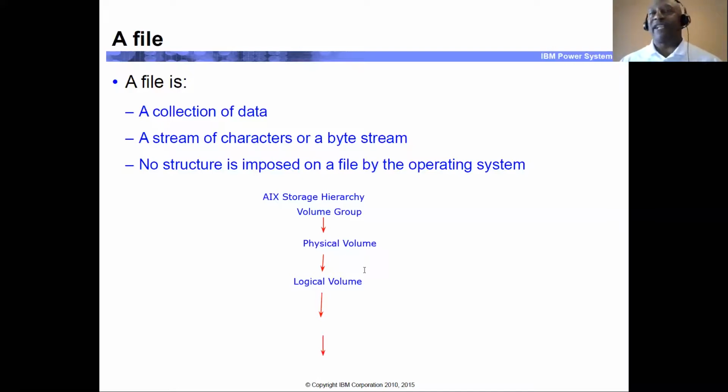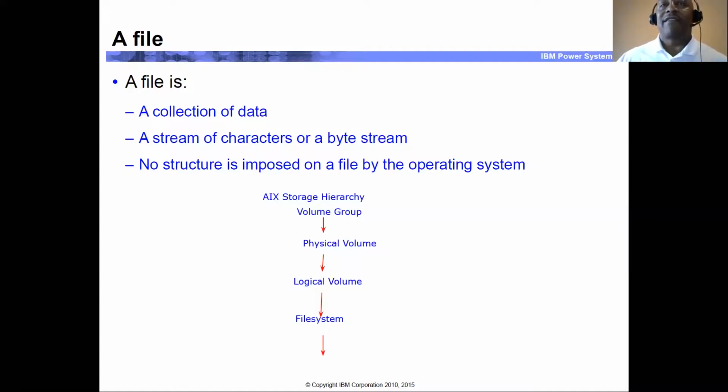Okay, so whether it's a paging space LV, a log logical volume, or a logical volume that contains a file system, or whatever, the storage is always mapped logically to physically through the use of a logical volume by the logical volume manager device driver. And then, of course, we have the file system, which I'll put here, because once again, a logical volume can contain the structure of a raw device, or a file system, or a paging space. But again, in this case, we're speaking of a relationship between a logical volume and a file system, okay?